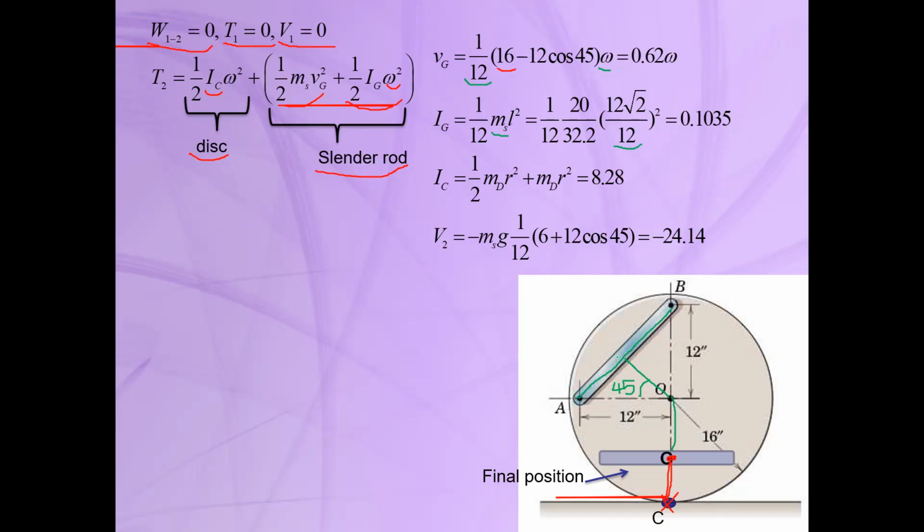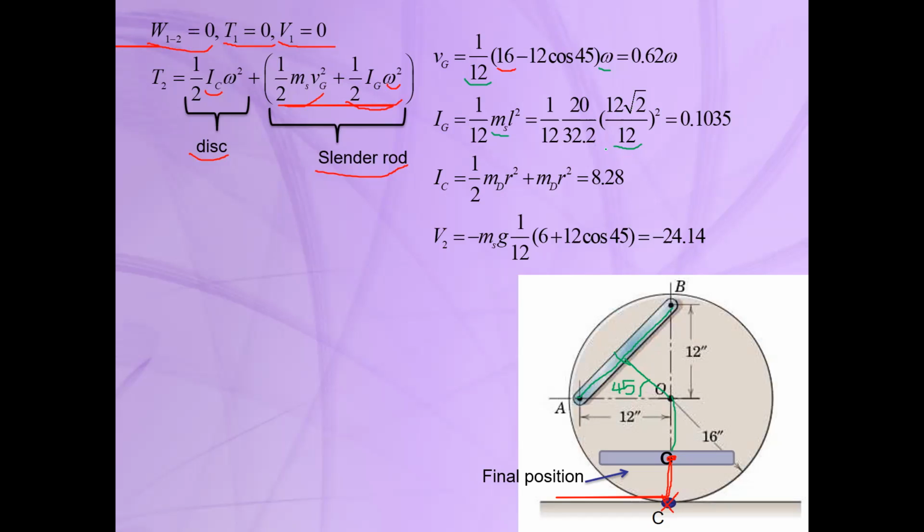So half of the length of this cylinder rod is 12 times sine 45 or 12 times cosine 45, no different. And so it will be 2 times 12 times cosine 45. So this is the length of the slender rod, and it must again be divided by 12 because we should convert it into foot.